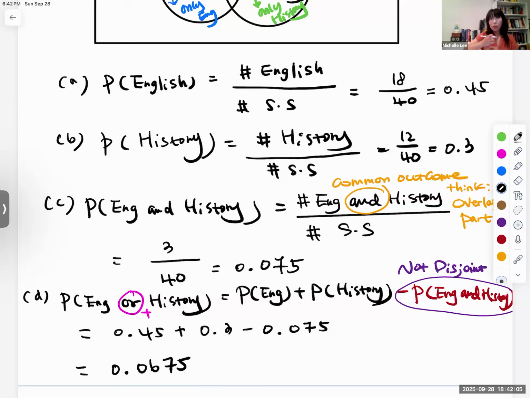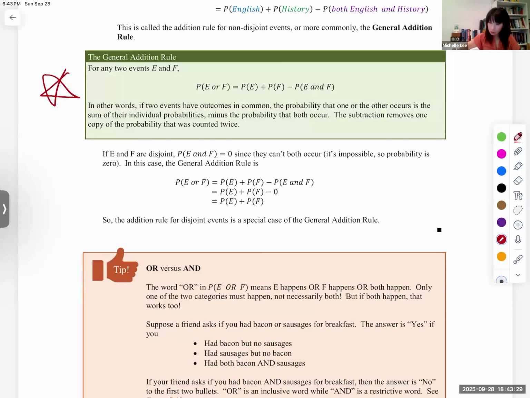Okay, then we can derive the formula. Let's take a look. All right, so we had a formula I introduced you earlier, right? Yeah. So that is the formula. So what's the probability of event E or F?